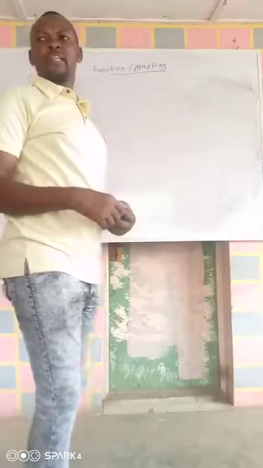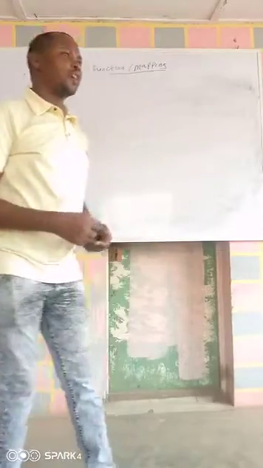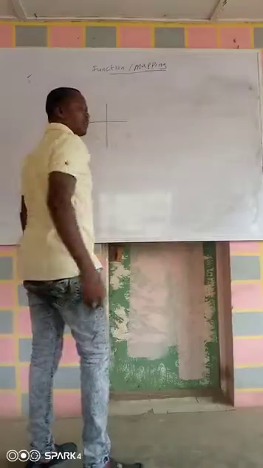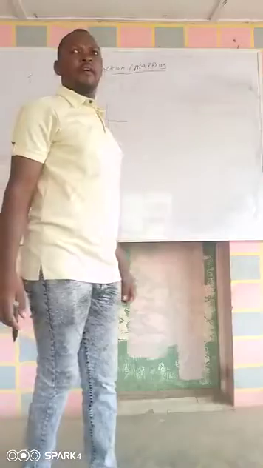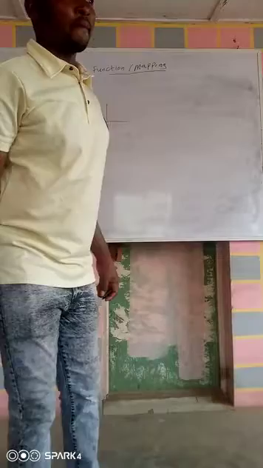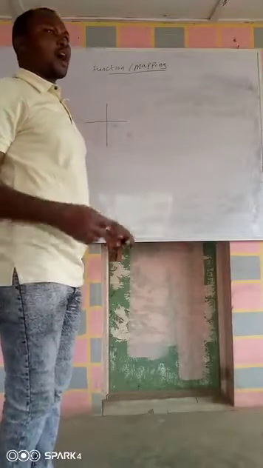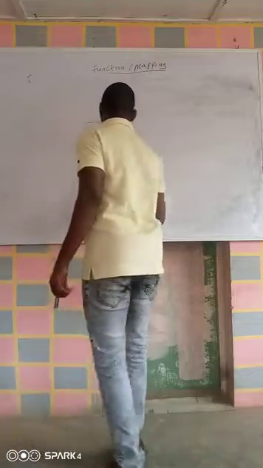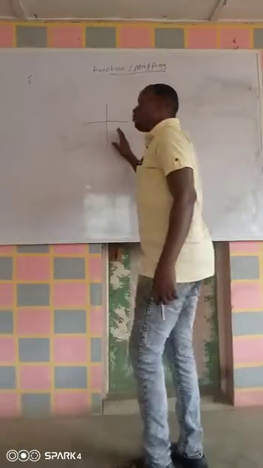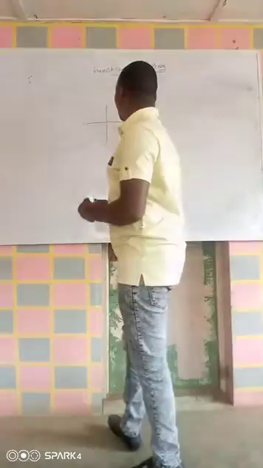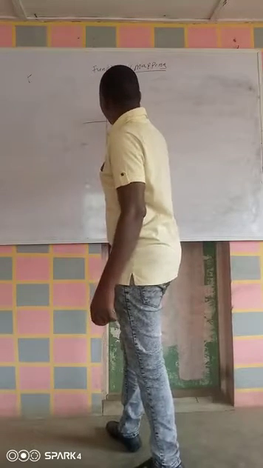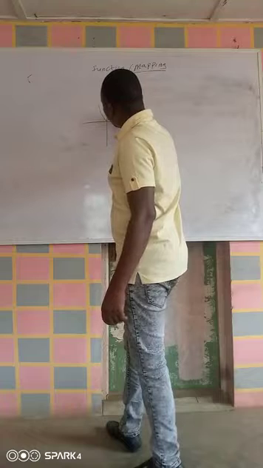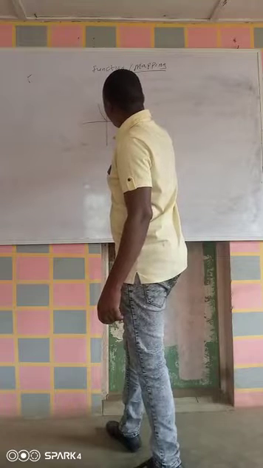For even function, there is going to be a symmetrical bisection; it is usually symmetric at the y-axis.